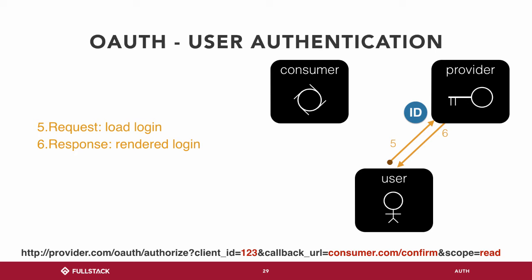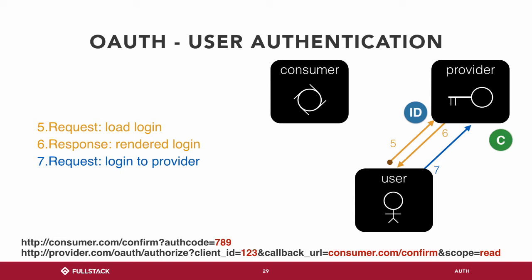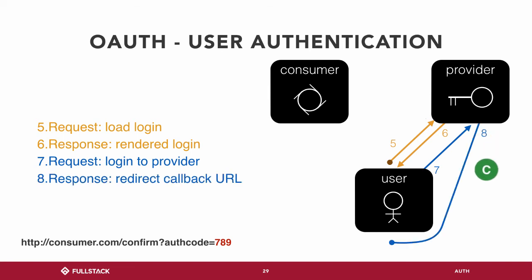So at this point, we've got this login that ends up getting rendered, and the user will now, assuming they weren't logged in before, end up logging in to the provider. And assuming that their login is correct, what will happen is that there's going to be some authorization code, where this C is coming in, that's going to end up being sent back.